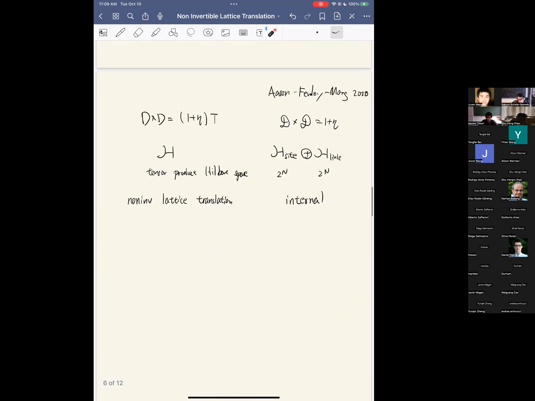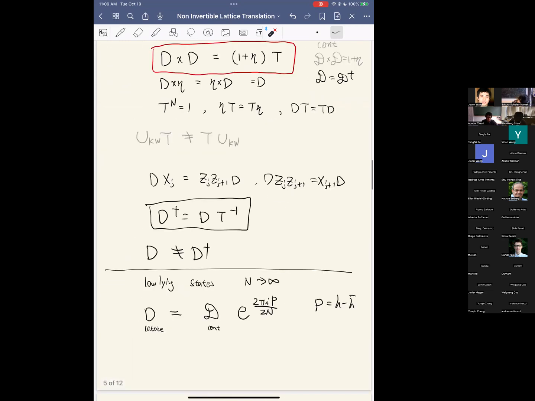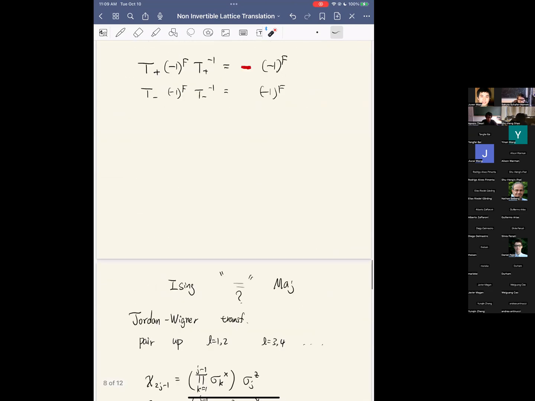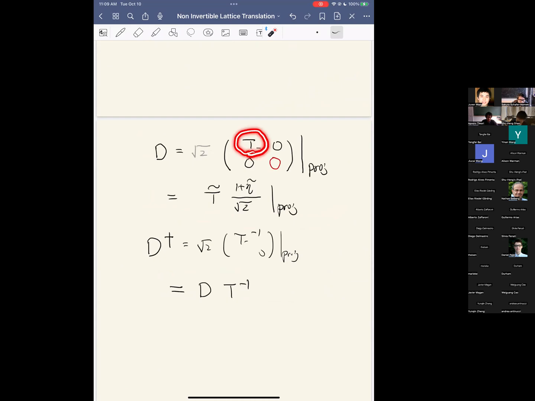Because this operator, as I explained in the second half of the talk, really arises from the Majorana translation. So there's a question about how you pick the phase for T minus, the Majorana translation operator on an anti-periodic chain. And that's something we discussed extensively in the paper.